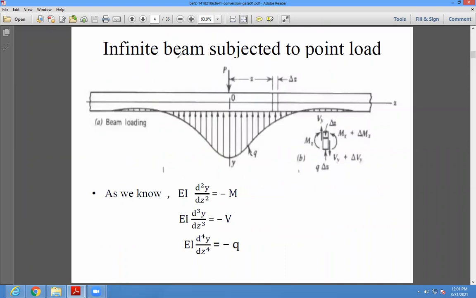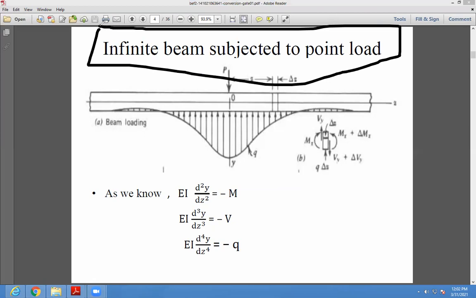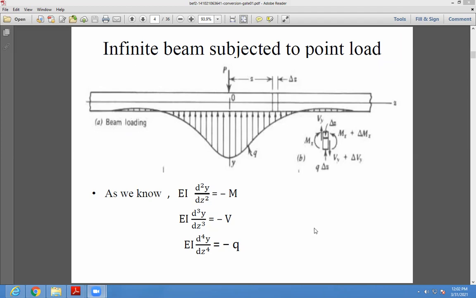So write down the heading: infinite beam subjected to point load.